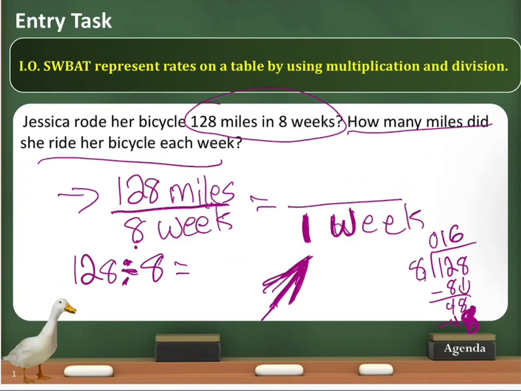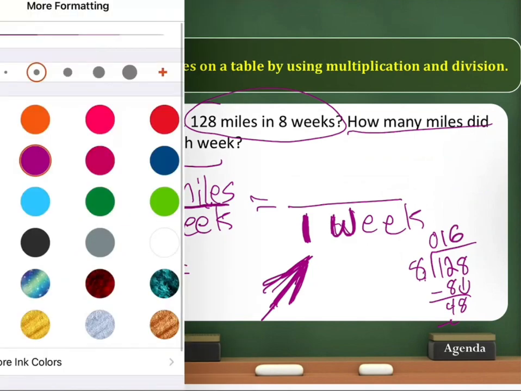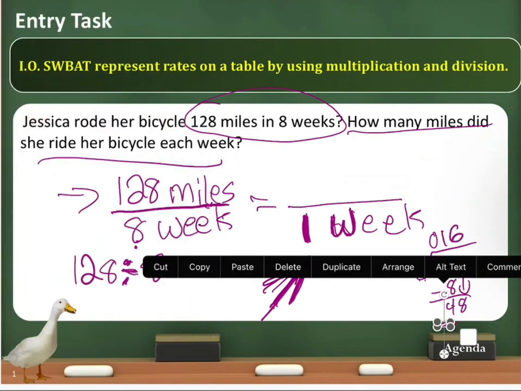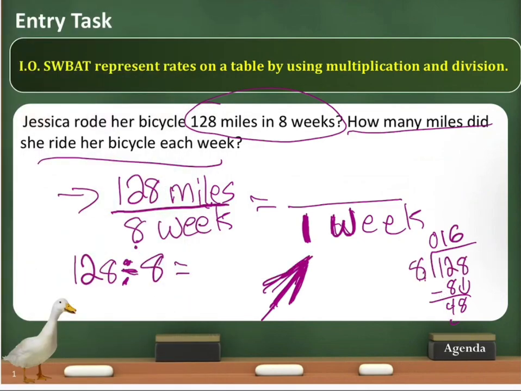Whoops. Is that neat enough? Can you see that? Let me just make it nicer. And I'm actually going to change my color to white for a second. So minus 48.